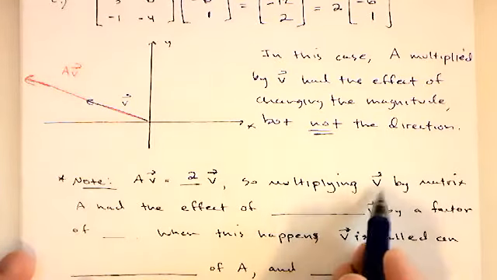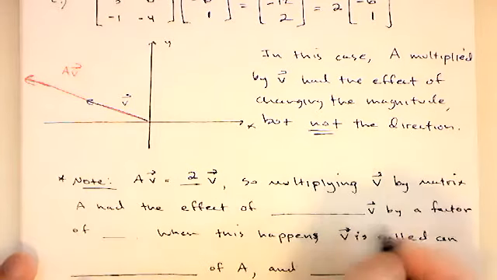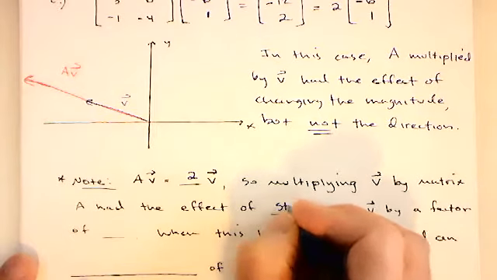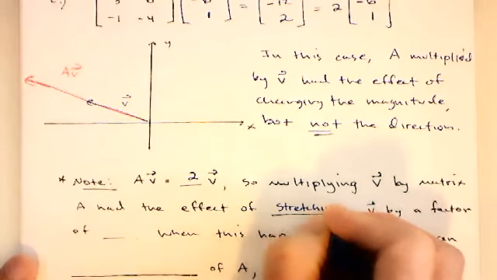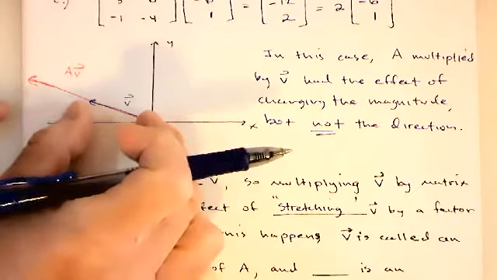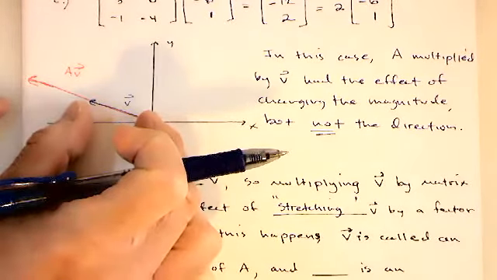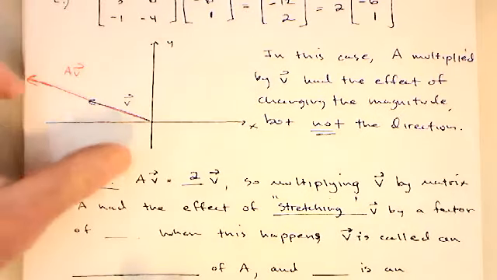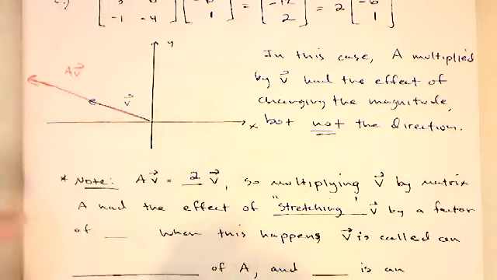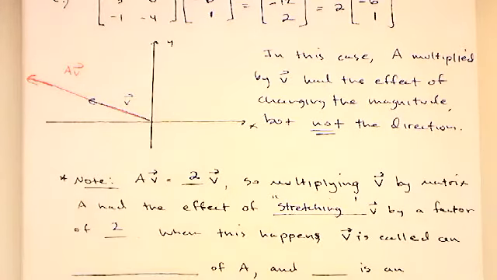So multiplying vector V by matrix A had the effect of stretching, right? V had a certain magnitude, it was square root of 37, I believe. When we multiplied it by matrix A, it basically stretched out vector V by a factor of 2. Okay.